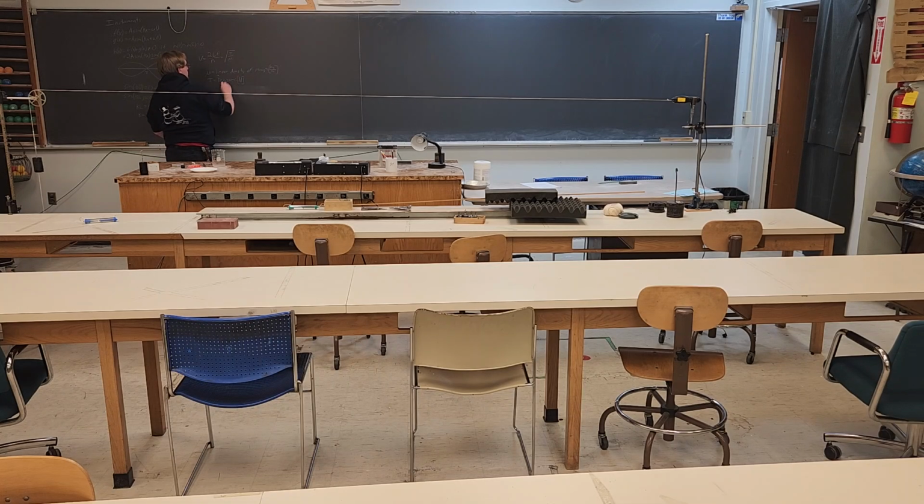So this is the square root of tension, a newton, or a kilogram meter per second squared, divided by the linear density, which is a kilogram per meter. Kilograms cancel each other. This inverse meter comes up on top, so multiply top and bottom by meters. Those cancel. This is the square root of a meter squared per second squared, or a meter per second. That'd be a velocity. So this is correct here.